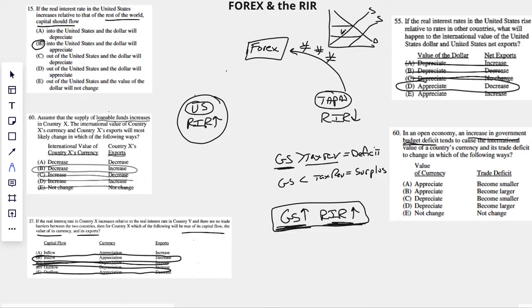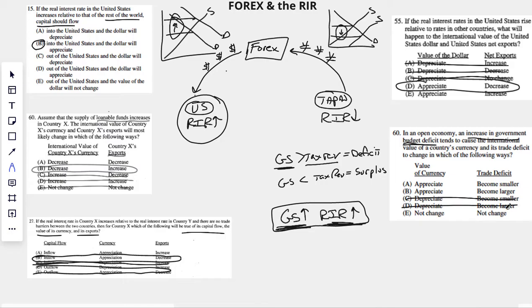It's going to drive down the value. At the same time, they want to put their money into U.S. banks. They've got to buy U.S. dollars to put that currency in there. So it's going to make the demand for U.S. dollars go up. Anytime you know one is depreciating, you know the other one has to be appreciating. So the value of the currency is definitely appreciating.